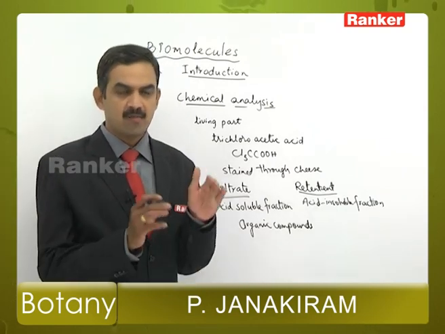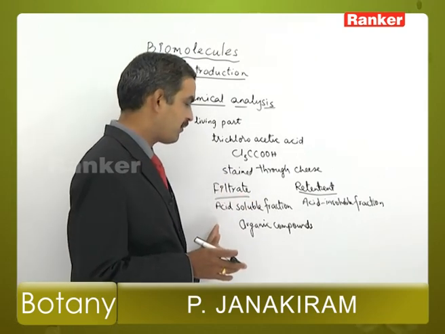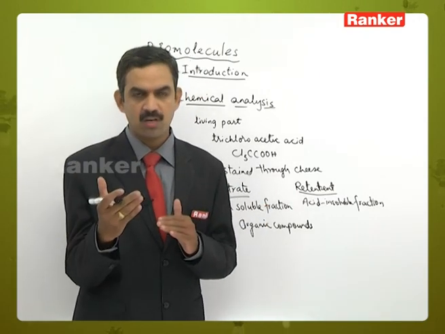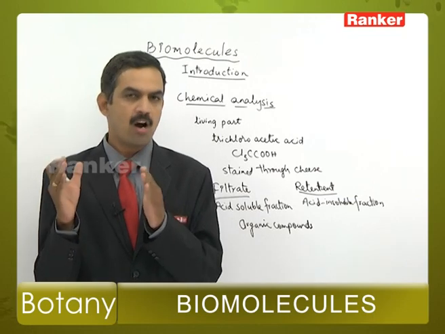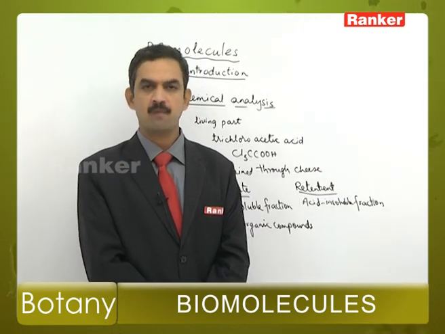Simply to say, those which have lower molecular weight are present in the acid soluble fraction, whereas the organic compounds which have higher molecular weight, or simply to say more than 1000 Daltons, are present in the acid insoluble fraction.